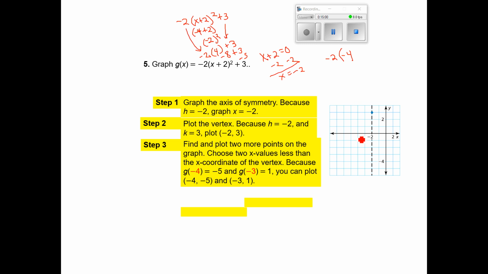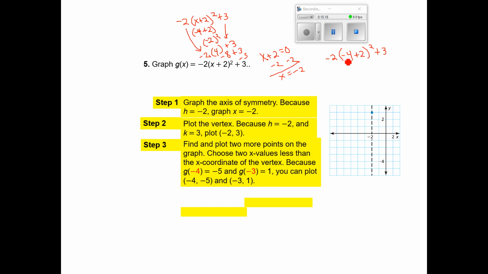We're plotting something for this coordinate.